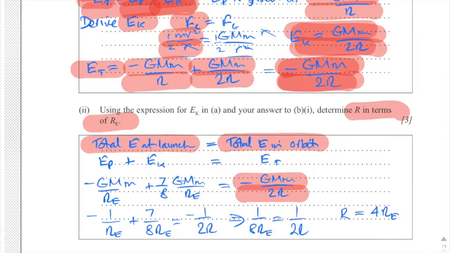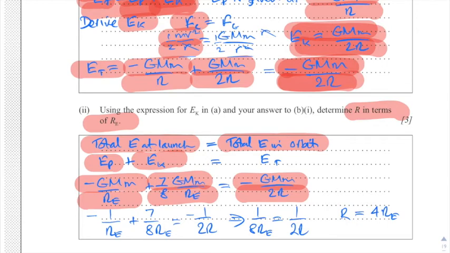What are the total energies at the launch? Well, partly it's potential energy because of position, and it's also then going to be the kinetic energy that's given at the launch as well. So here's our potential energy being at the surface of the Earth, radial, so it's minus GMm over RE, and then I add our kinetic energy applied at launch, at the launch pad, 7/8 GMm over RE.